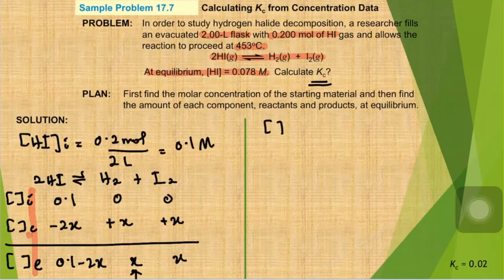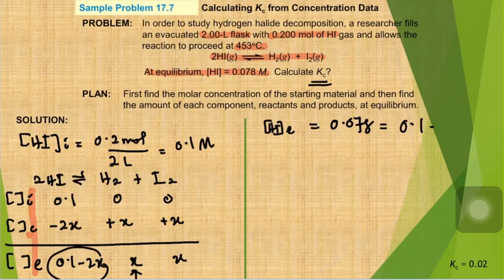So concentration of the HI at the equilibrium is equal to 0.078, which is equal to 0.1 minus 2x. So we'll get x equal to 0.011.